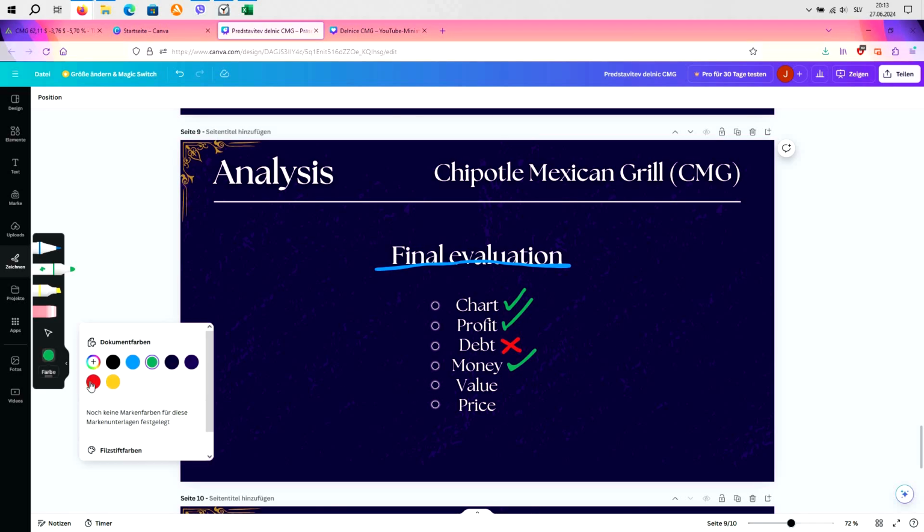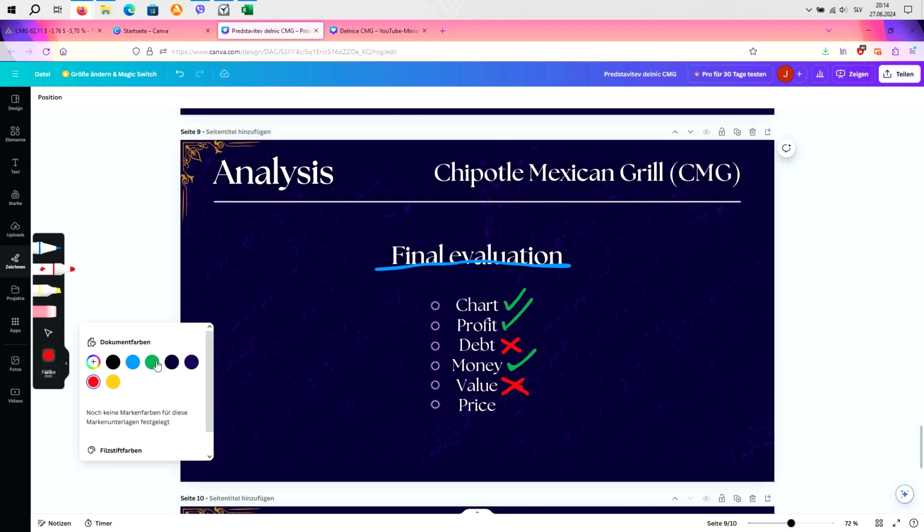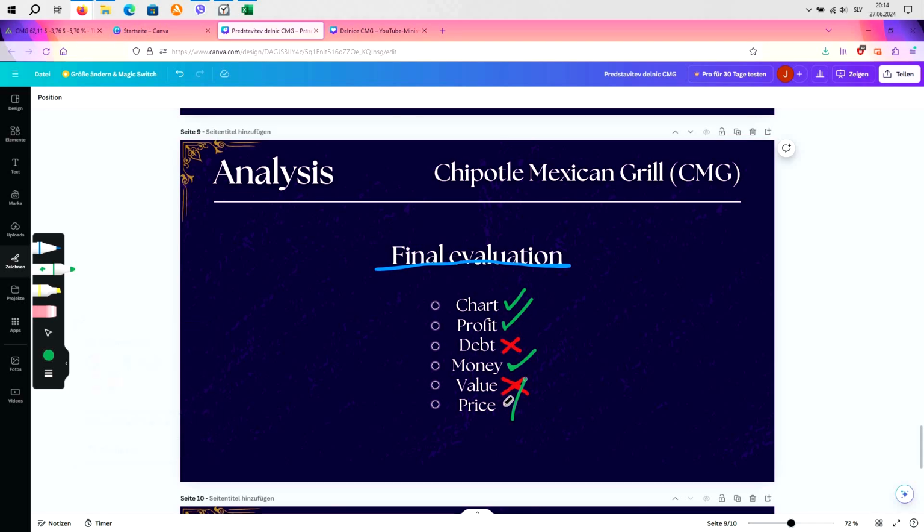In terms of the value, the stock is overvalued because the P/E ratio is higher than 70 and also the intrinsic value is a bit absurdly high, so we don't know exactly what it is at the moment. And in terms of the price, the stock is around $70 or 65, I think, at the moment of making this. So in terms of the price, the stock is okay.